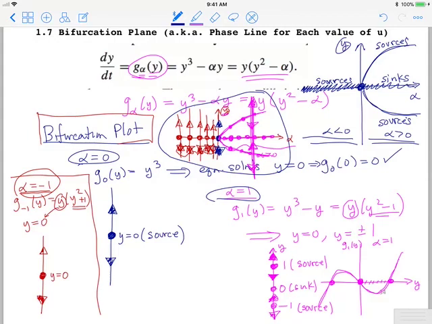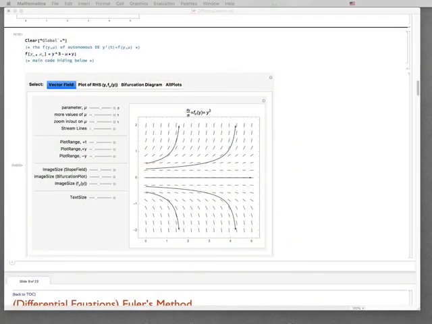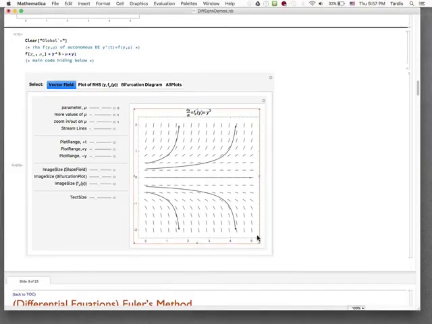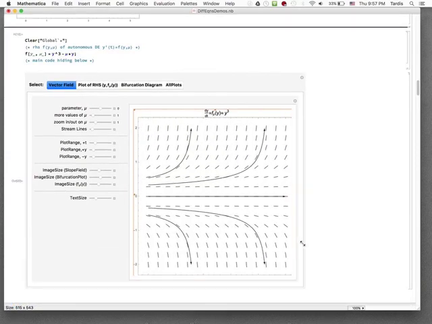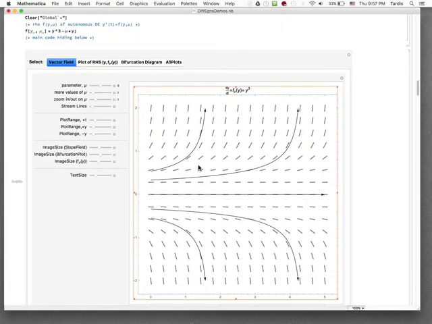Okay, we can look at a plot of this behavior. Let's see if I can make this plot a little bit bigger. Let's see if we can compare what behavior was happening in the plot of the slope field. So y is a function of t.